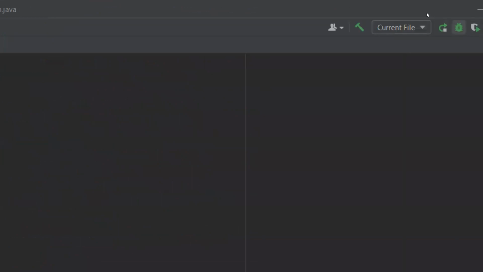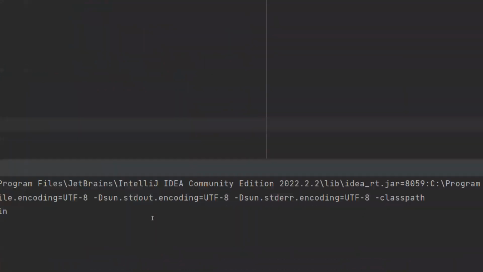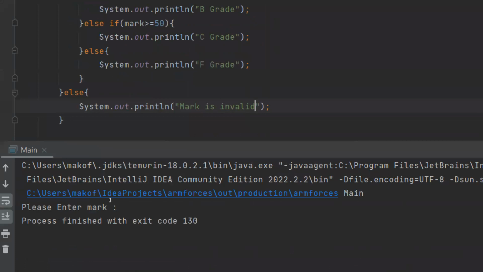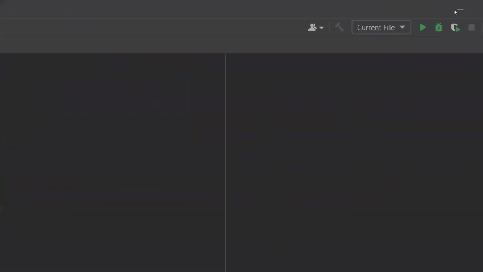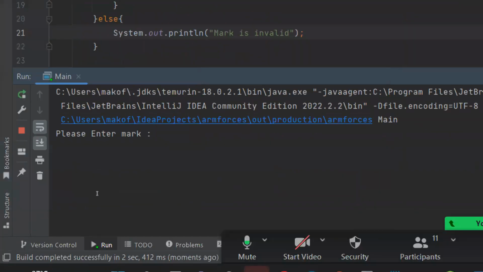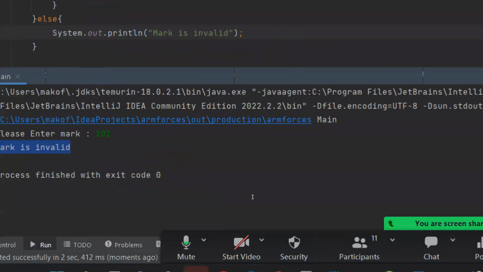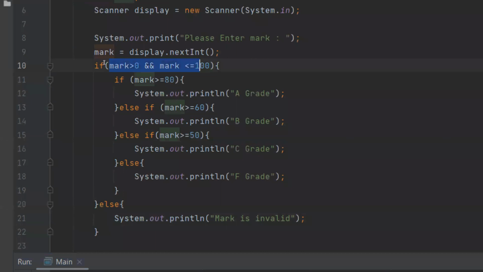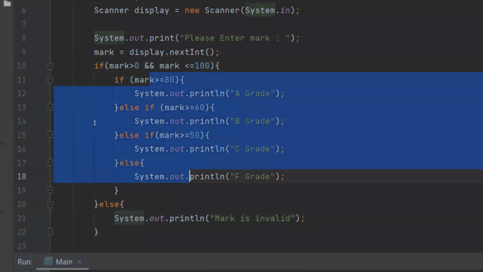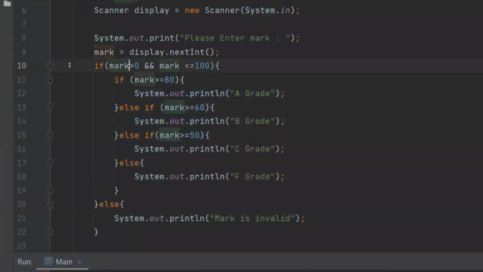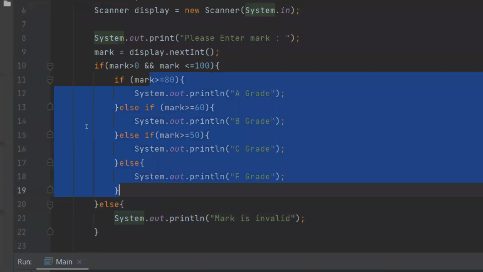So when I run this program again and I put in 101, it will tell me that the mark is invalid. Because before I start checking if you fall within any grading, I will check if you are between 0 and 100. If you are between 0 and 100, then I can check your grading.